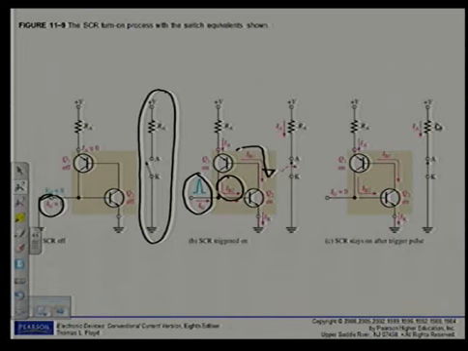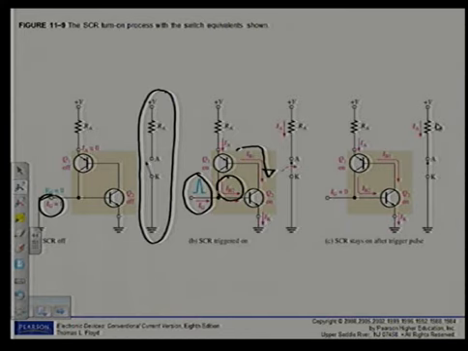The collector current of Q1 provides additional base current for Q2, so that Q2 stays in conduction after the trigger pulse is removed from the gate. By this regenerative action, Q2 sustains the saturated conduction of Q1 by providing a path for IB1.